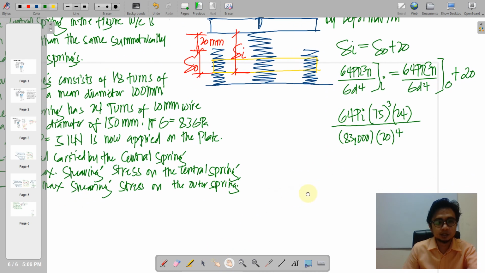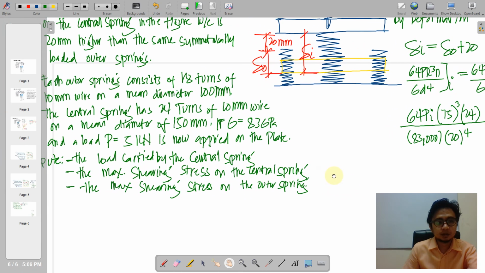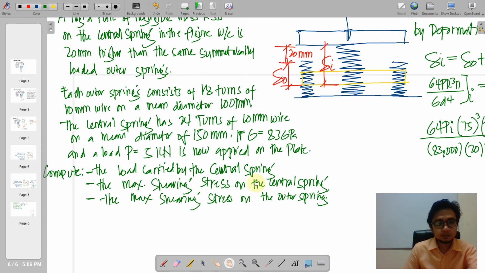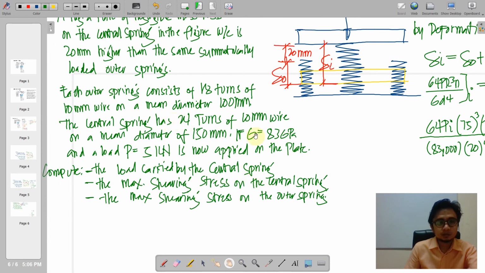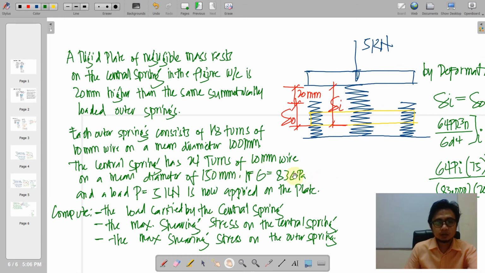Okay, so let us check on that. The inner spring. So here it is. It refers to the central spring as 24 turns of 10 millimeter diameter wire.